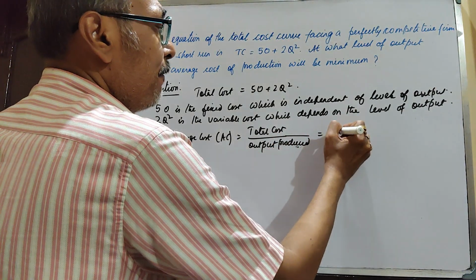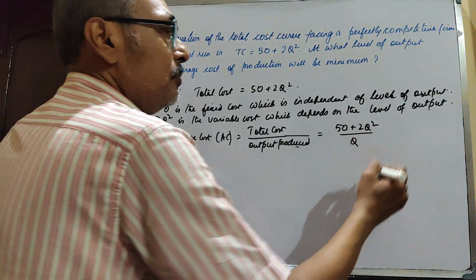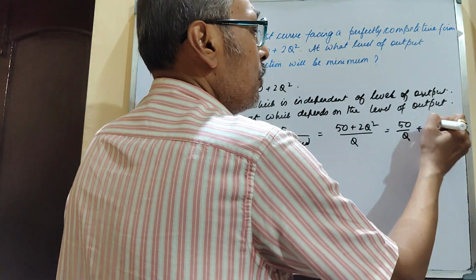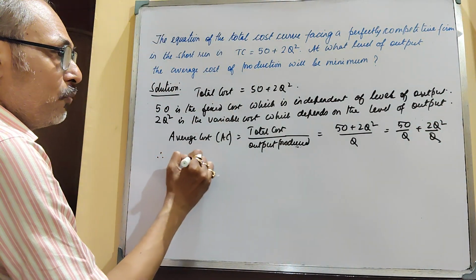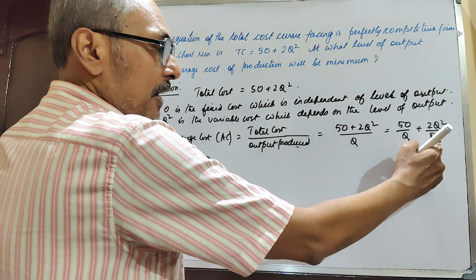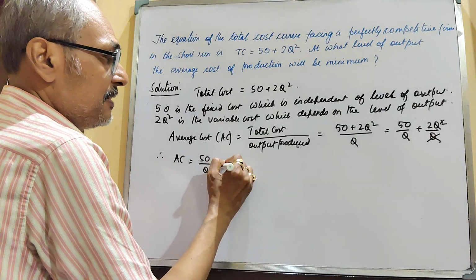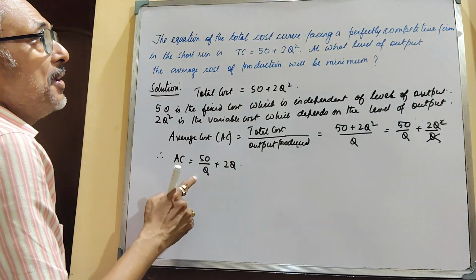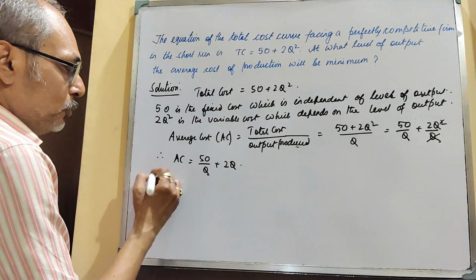That is 50 plus 2Q squared by Q. This is 50 by Q plus 2Q squared by Q. Therefore, AC equals 50 by Q plus 2Q squared by Q. This Q and the square get cancelled. Therefore, this is 2Q.